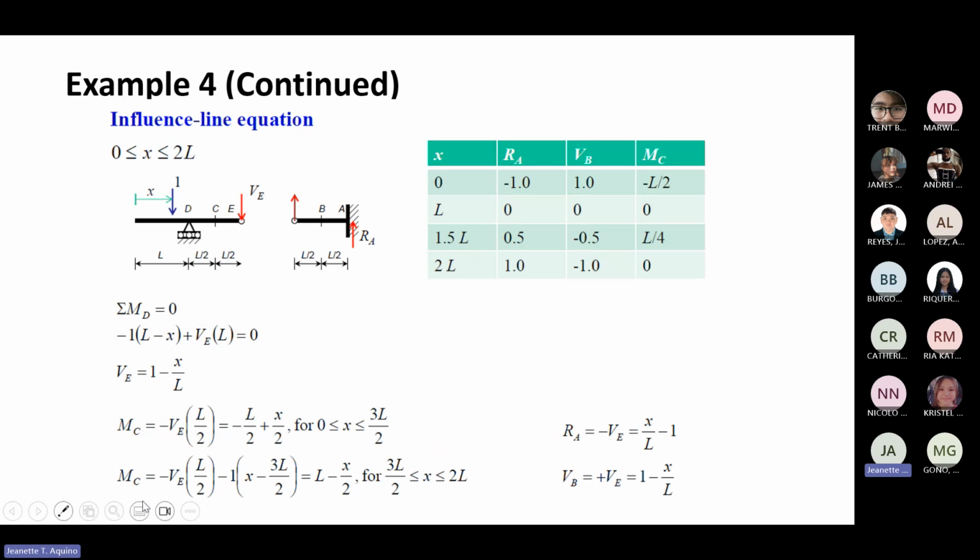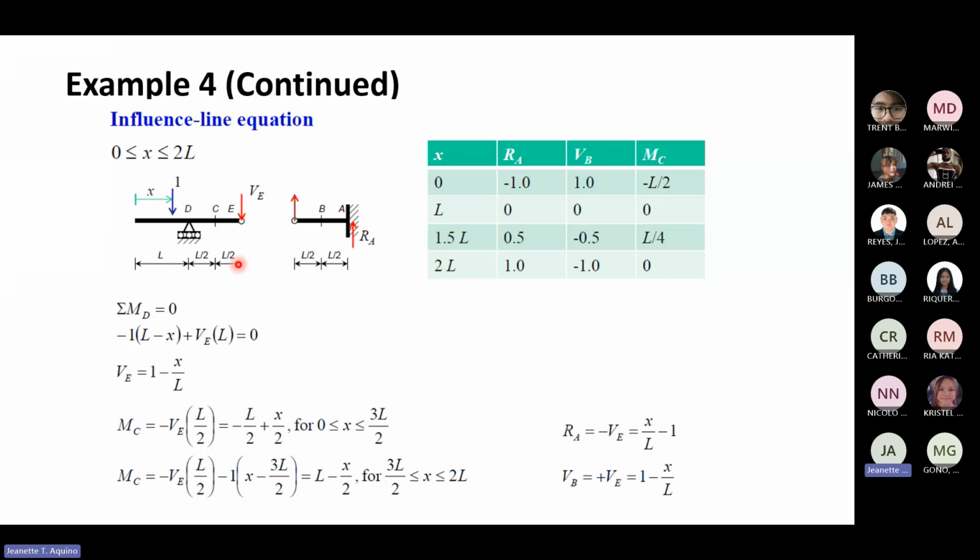Okay, so for X greater than 3L over 2 and less than 2L, your equation will be VE times L over 2 minus (1 minus (X minus 3L over 2)).